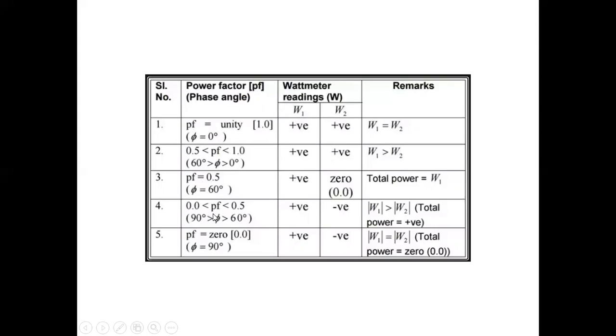If the power factor is less than 0.5, one meter shows a positive reading and the other is negative. And if the power factor is 0, then W1 shows a positive reading and W2 shows a negative reading of the same magnitude, and the total power is 0. These are the conditions of the readings of W1 and W2 as per the power factor of the circuit.